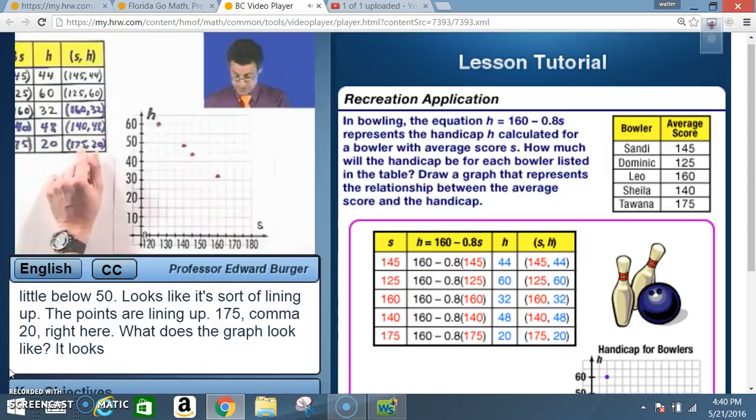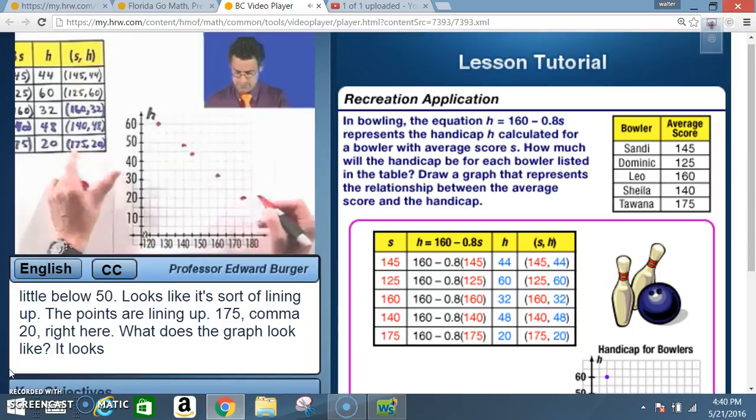Looks like the points are lining up. 175, comma 20, right here.